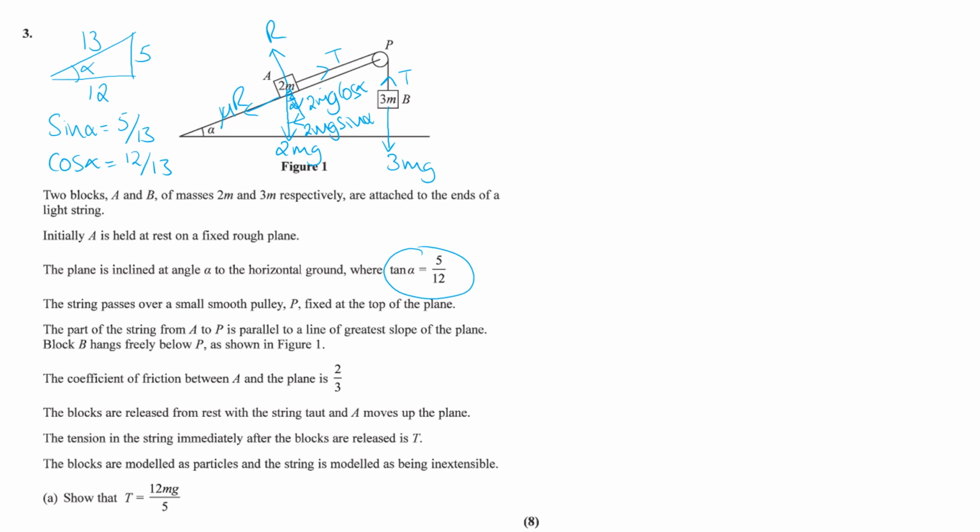So what we need to do is apply F equals ma for both the blocks. So I'll do B first, that's the easier one. What's carrying it down when it's being released from rest, because it'll start to accelerate this way, will be 3mg minus T is equal to 3ma. And then doing the same for A, what's going to move it and which way is it going to move?